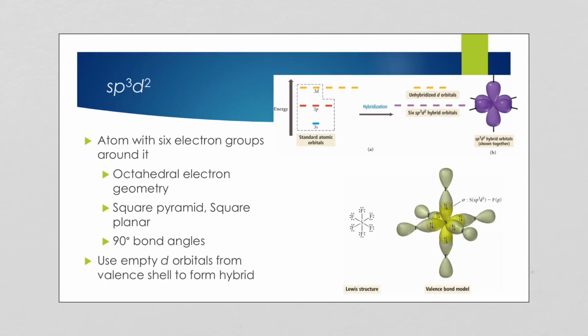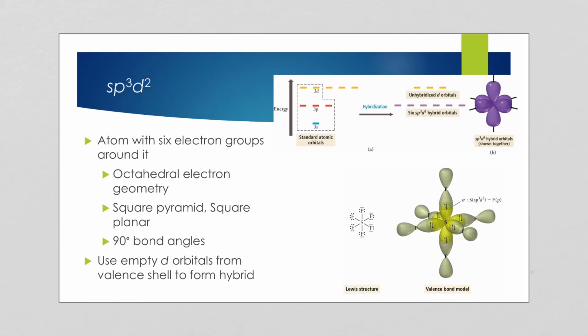And if we keep going to 6 electron groups, of course, we get to sp3d2, where we're going to utilize a second d orbital in our mixing, and the hybrid orbitals that are formed are 6 equal orbitals pointing to the corners of an octahedron. In just one example, like SF6, again, the fluorines remain unhybridized, and they bond with the hybrid orbitals of the sulfur atom.